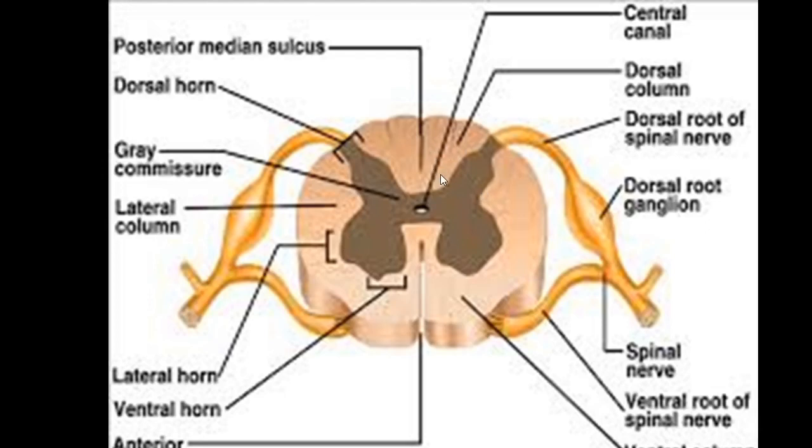Here you can see the white matter, which is divided into a posterior column, a lateral column between the anterior and the posterior root, and an anterior column between the anterior median fissure and the anterior root. This posterior column is present between the posterior median sulcus and the posterior root.